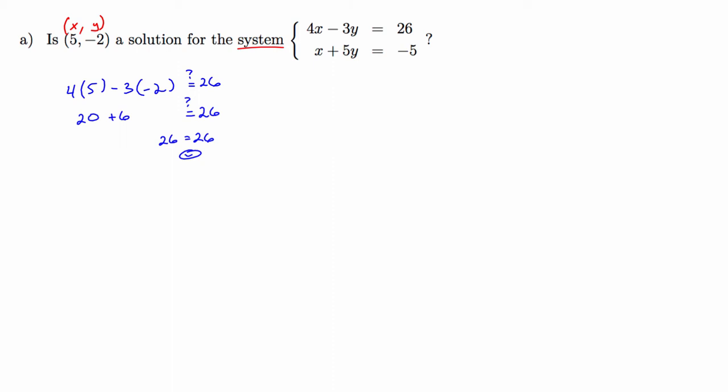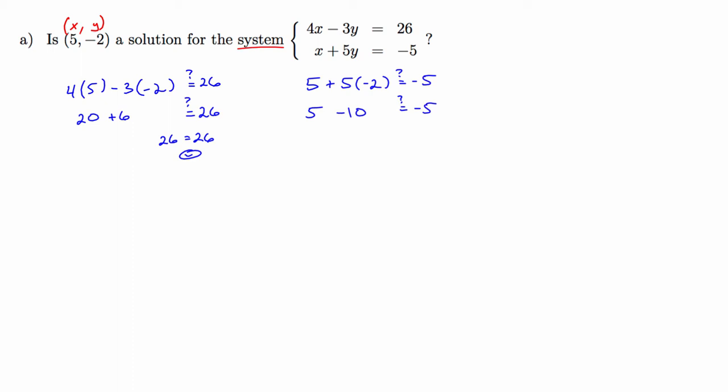On the second equation. The equation was x plus 5y equals negative 5. Substituting 5 for x and negative 2 for y, the question becomes, is 5 plus 5 times negative 2 actually equal to negative 5? Well, 5 times negative 2 is negative 10.